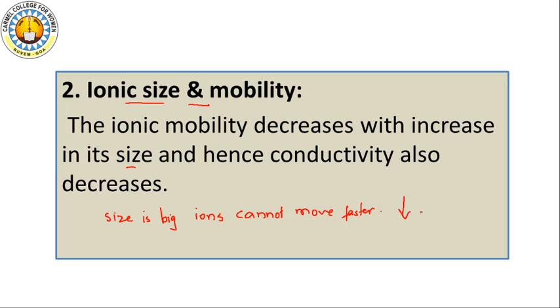It decreases the conductance of the solution. Mobility is a very important factor in conductance. If the ions can move fast, then the conductance increases. They carry a larger amount of current when they are moving.